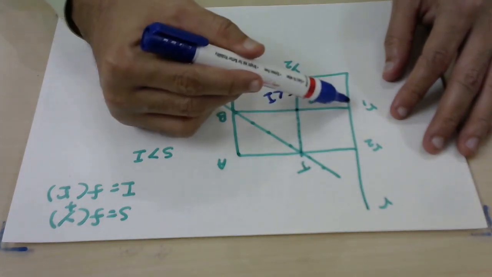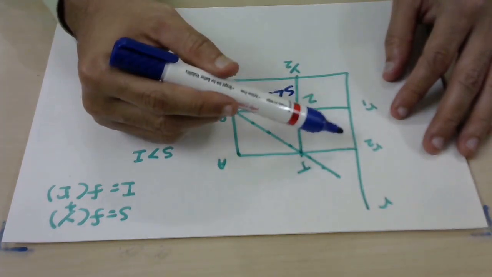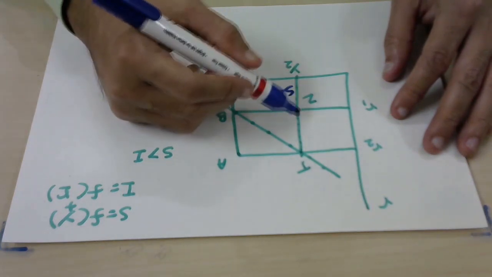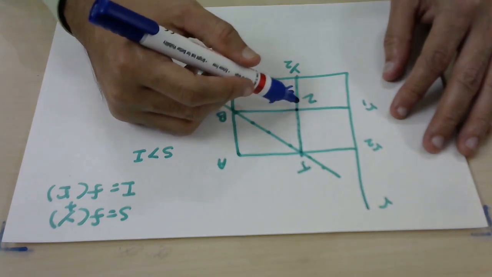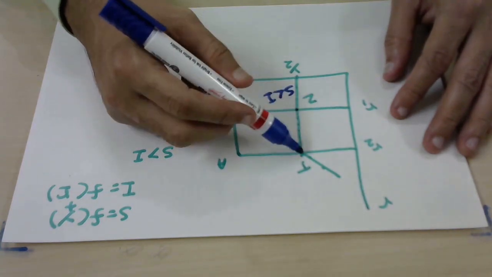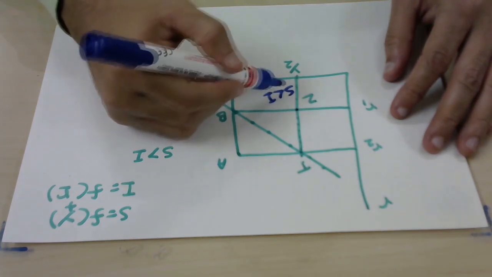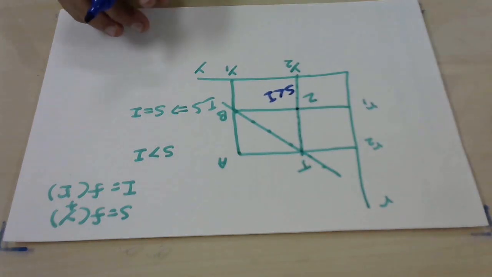So because interest rate is relatively low, investment will be relatively higher at R1 compared to R2 interest rate. So that will imply that investment is greater than savings at point Z compared to point T, which in other words is, if investment is greater than savings, saving is less than investment.